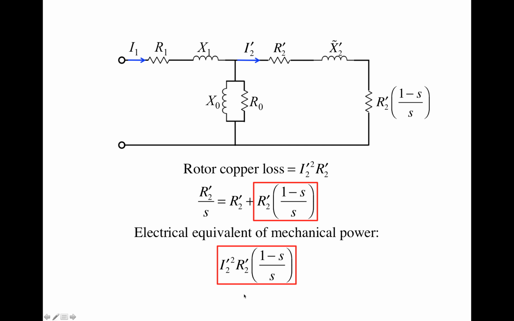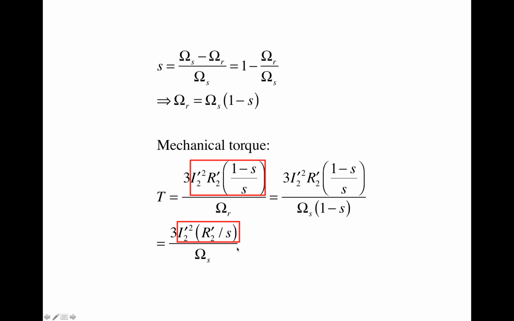Once we have this representation of the mechanical power, how do we actually get the torque? The torque equals the mechanical power divided by the angular speed of rotation. So what's the angular speed of the rotor? Suppose the angular speed of the rotor is capital omega r.